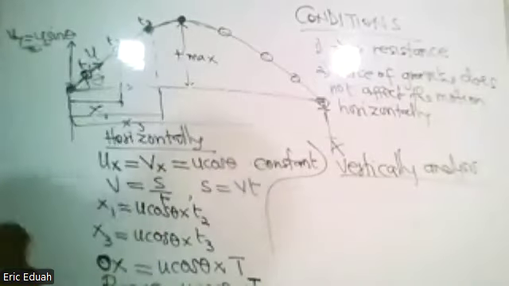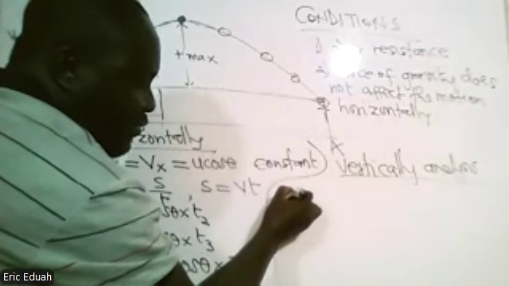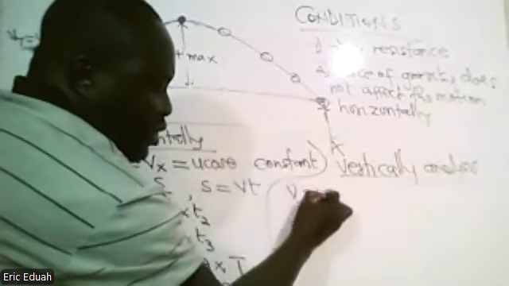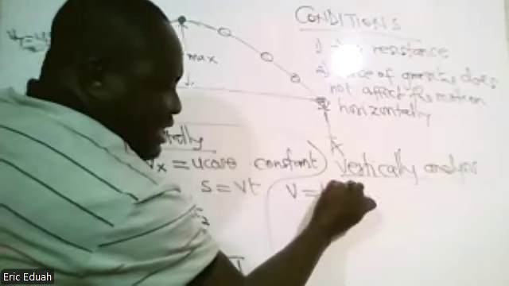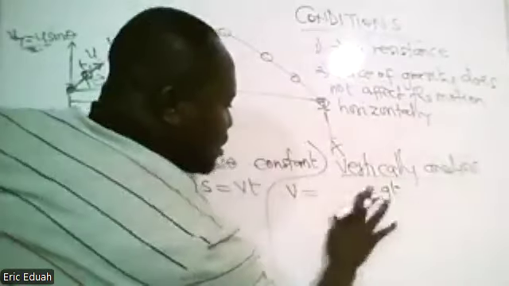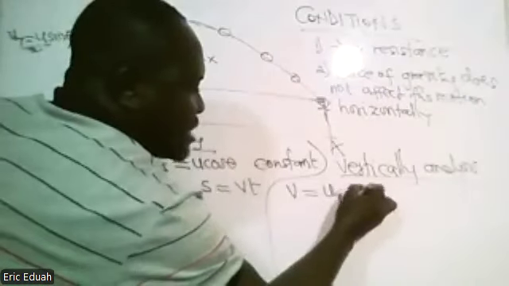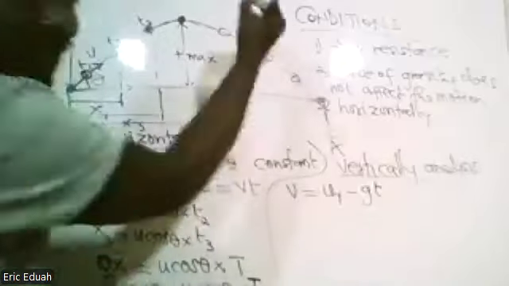So how do we determine the vertical velocity of the body? Using V is equal to u sine theta minus gt. This is from equation 1 of vertically upward motion, V is equal to Uy minus gt, as we are going up vertically.